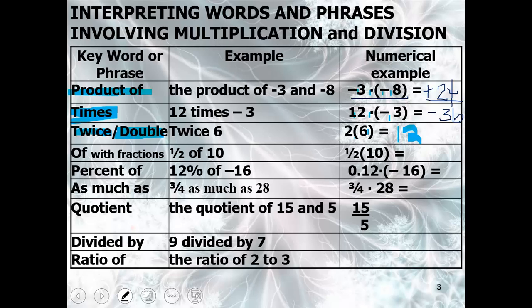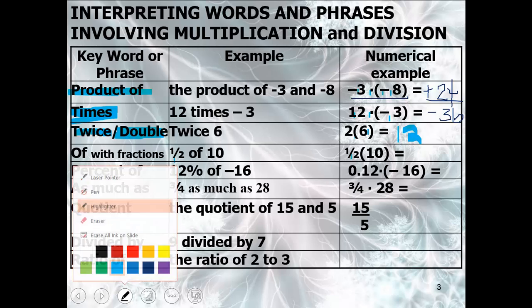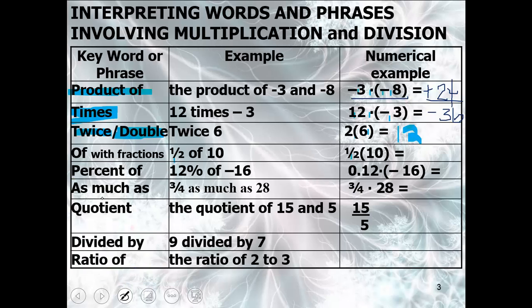Of with fractions is saying multiply the fraction by whatever number follows. So 1/2 of 10 says multiply 1/2 times 10. 1/2 times 10 is nothing more than 10 divided by 2, which equals a positive 5.